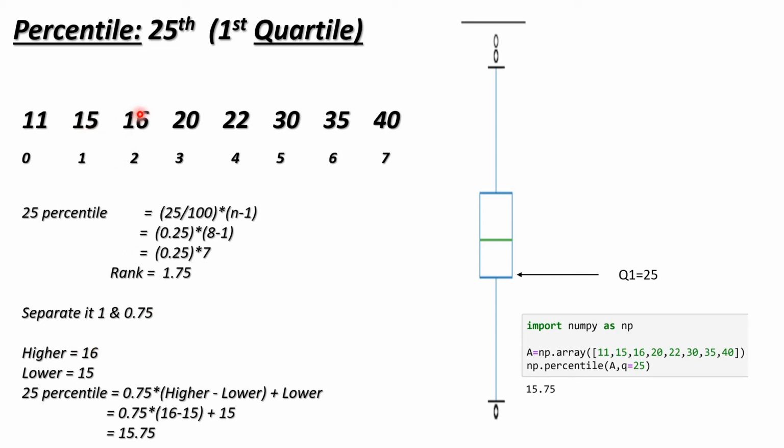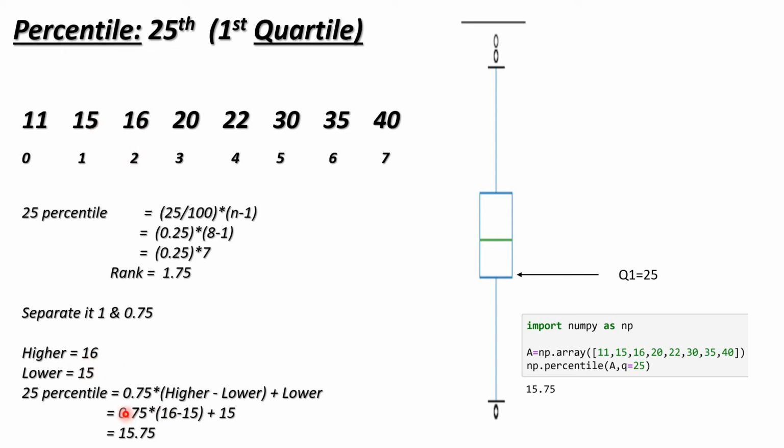The higher element is 16 and the lower is 15, because this 25th percentile is lying between 15 and 16. Why? Because we are getting the index 1.75 between 1 and 2. That's why we are taking the higher as 16 and the lower as 15.